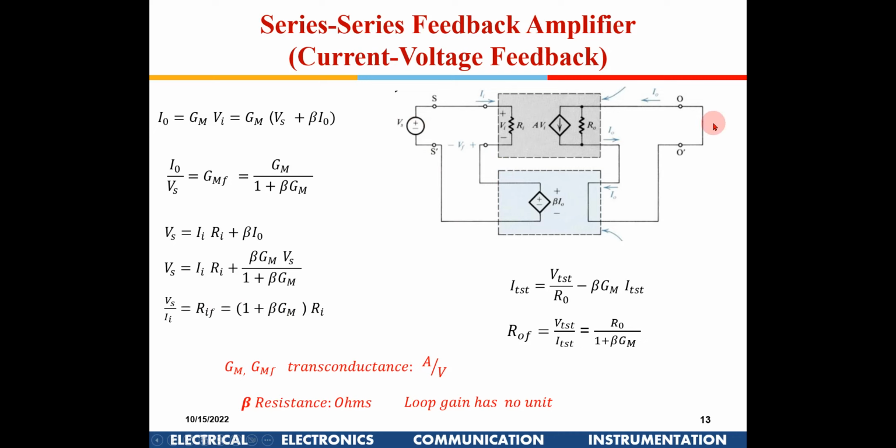Here, if I talk about the output resistance also, since I am sampling a current, I am making that output current flow through my feedback network also, right? So it is a series connection here in the output. If I apply a test voltage out here, the I test will be one current flowing in, and there is one more current.